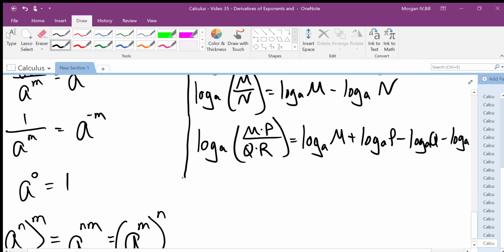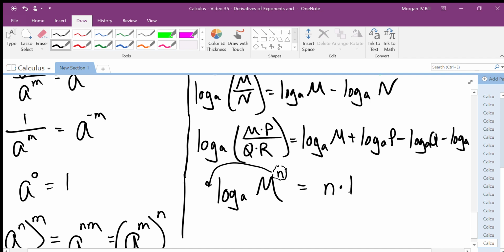Property number 5 for logarithms. If you have log base a of m raised to some power, I'm going to use a lowercase n here to represent this as a number, not a function, although I guess it could be a function. Typically we see this as a number here. What you can do is, that n is basically walking in front of the logarithm, and you get n times log base a of m.